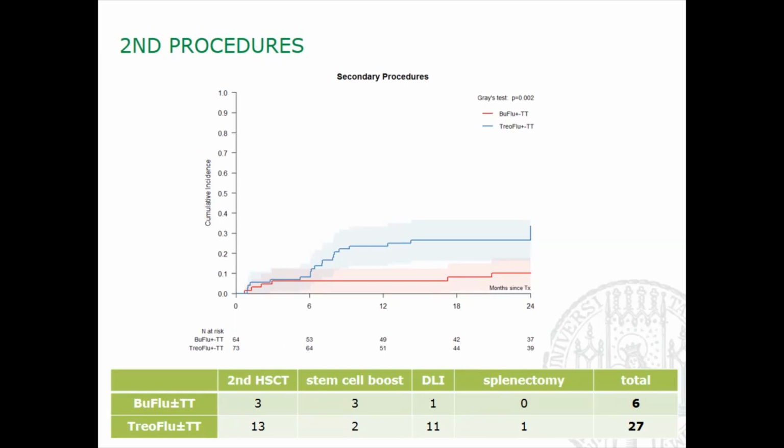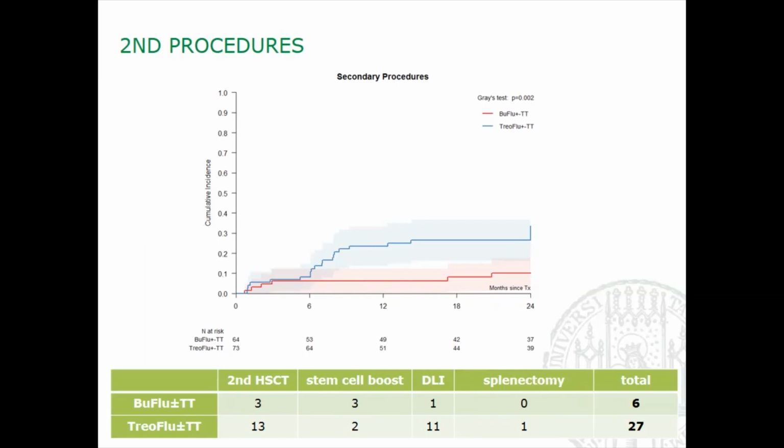So what we could find is that after triosulfan fludarabine, which is the blue curve, there's a higher incidence of secondary procedures in this group. And you can see down here what these were: second transplant, stem cell boosts, donor lymphocyte infusion, or sometimes splenectomy to correct the thrombocytopenia.